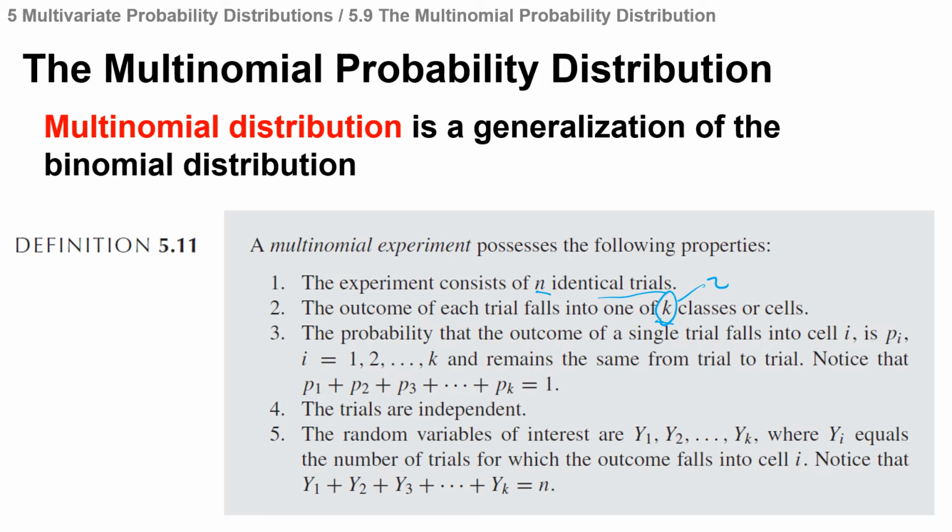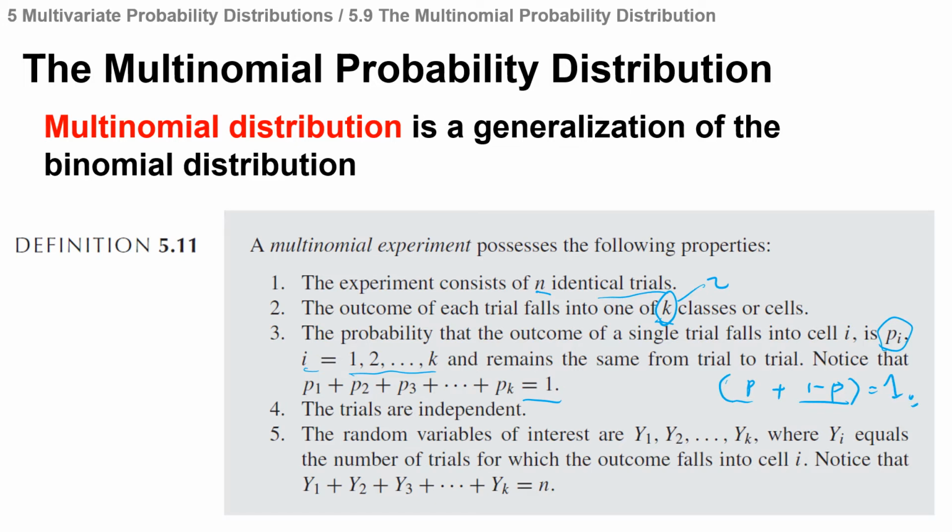Number three, the probability that the outcome of a single trial falls into cell i is p_i, for i from 1 to k, and remains the same from trial to trial. Notice that the sum of p_1 to p_k is 1. So in a binomial trial, p is the probability for one event, and 1 minus p is the probability for the other, and p plus 1 minus p is 1.